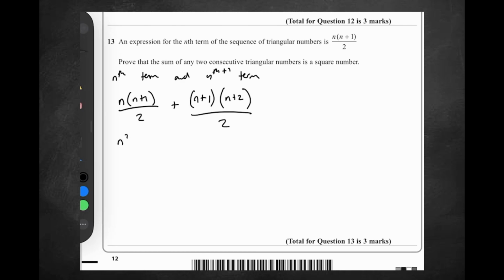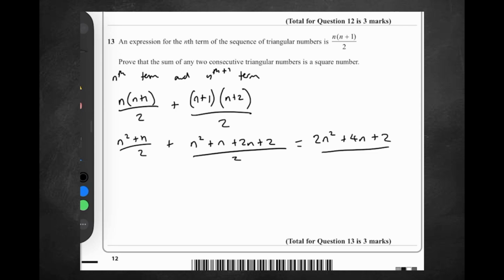That's just going to be n squared plus n over 2, and this is going to be n squared plus n plus 2n plus 2 over 2, which is just going to be 2n squared plus 2n plus 2n plus 2 over 2, which is just going to be n squared plus 2n plus 1 once we've divided by 2.